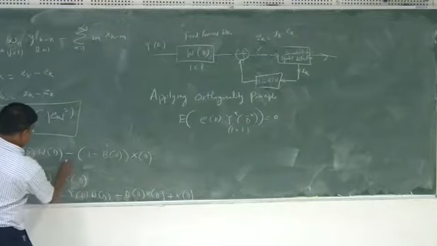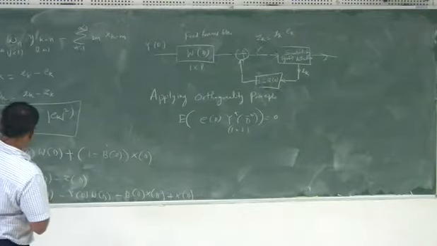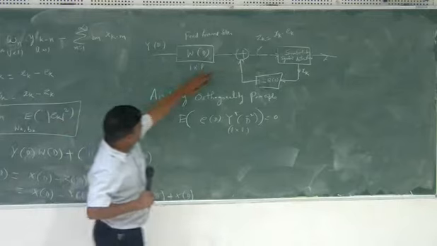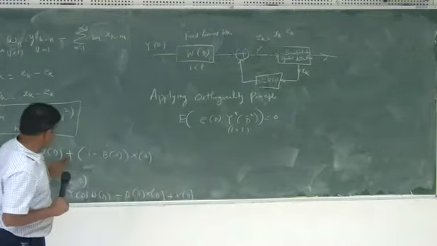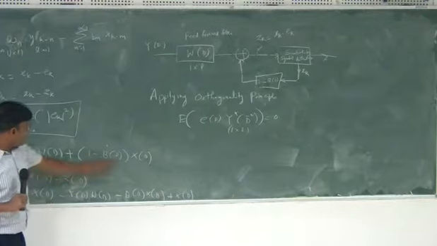Okay, this should be a positive. That's where things went wrong. Okay, this is a plus symbol, right? This should be a plus symbol. Please correct that. And 1 minus b of D into x of D.